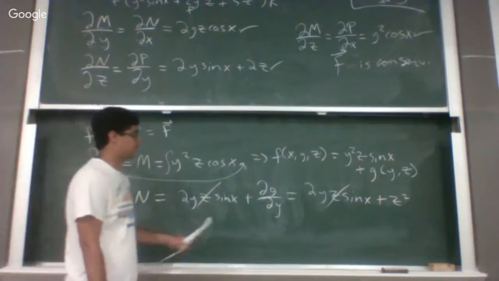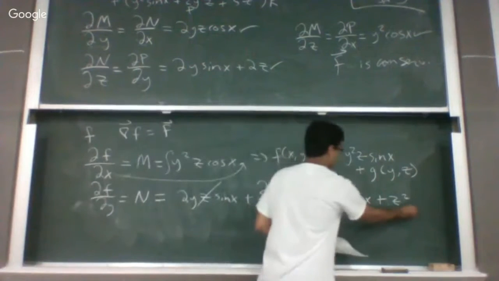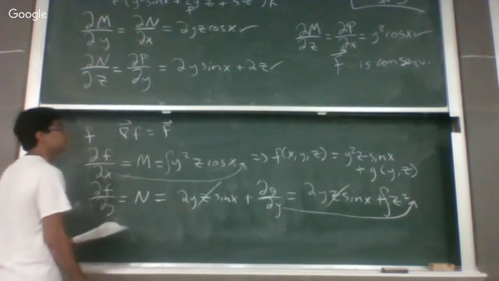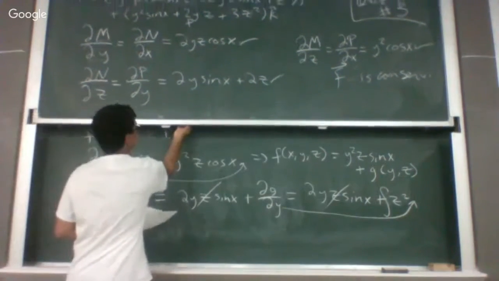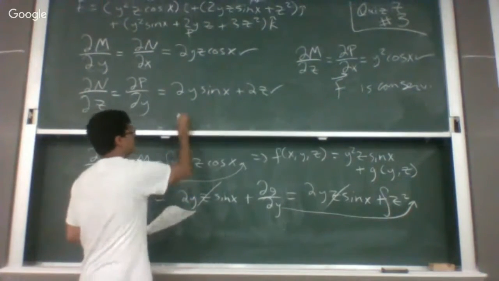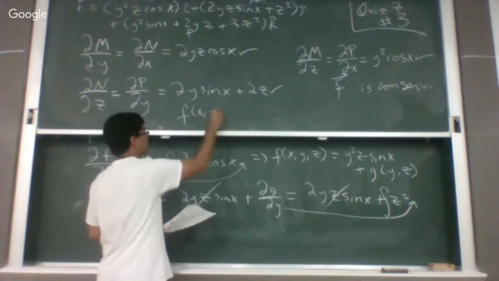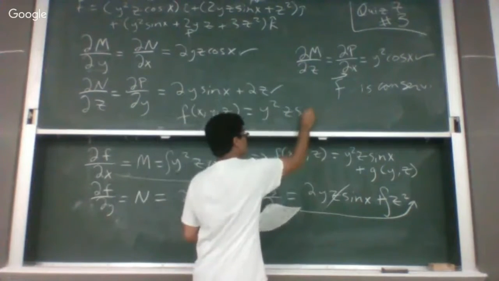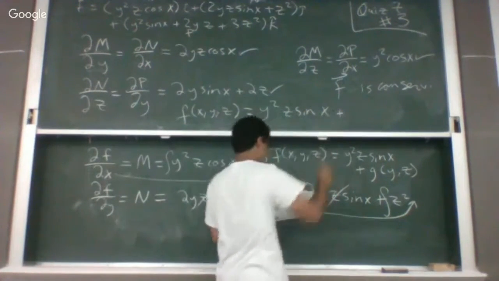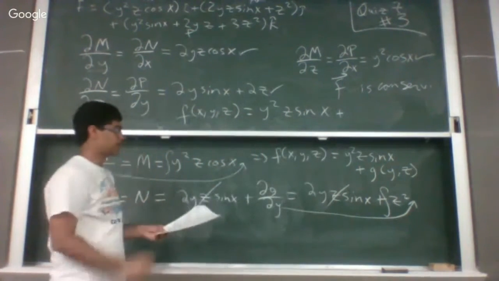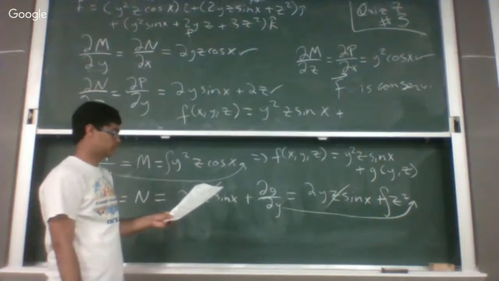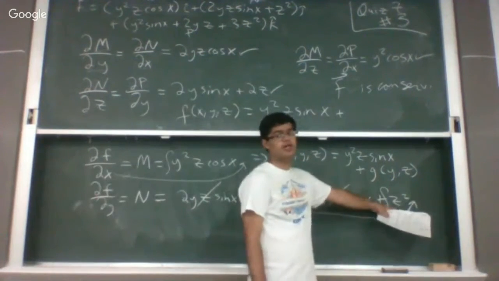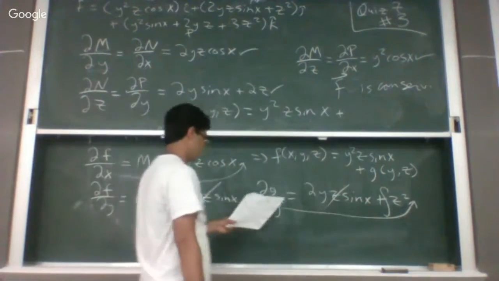Then to find g, we do the integral of this with respect to y. So f of x comma y comma z is equal to y squared z sine of x plus yz squared, because we're taking the integral of z squared with respect to y, and since there's no y, it's just yz squared.